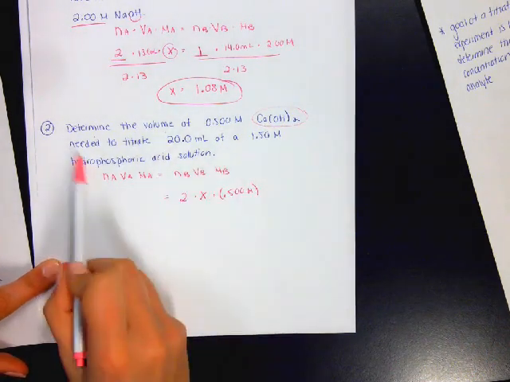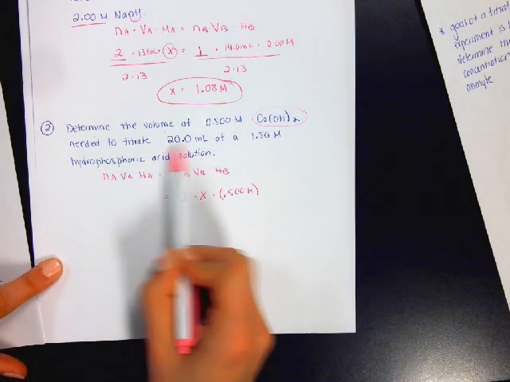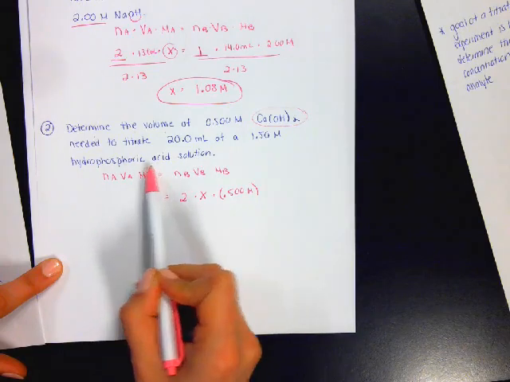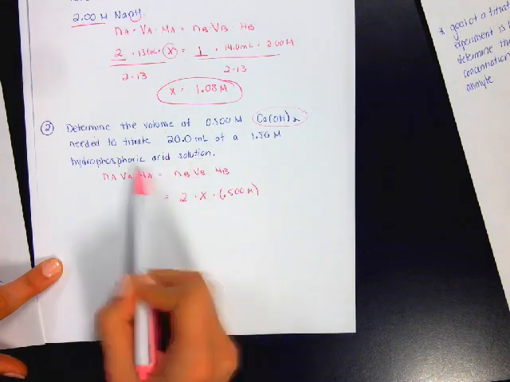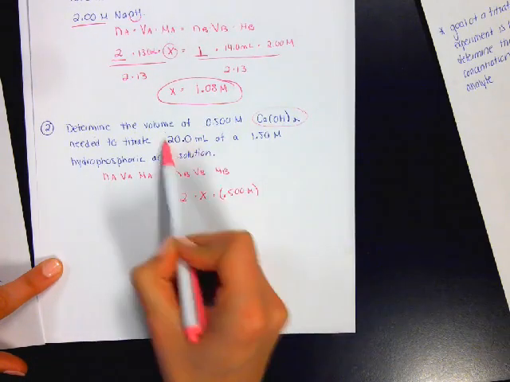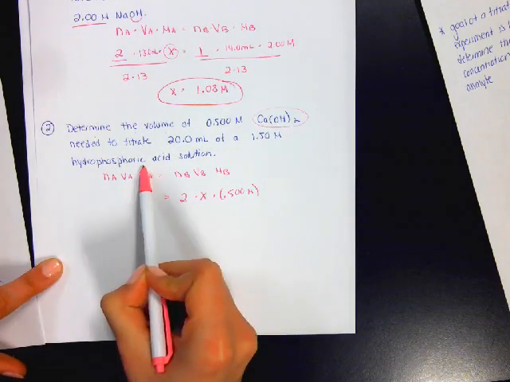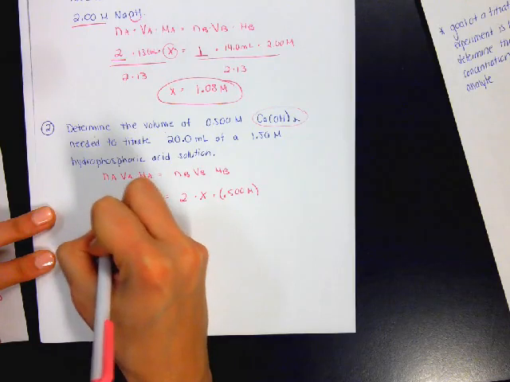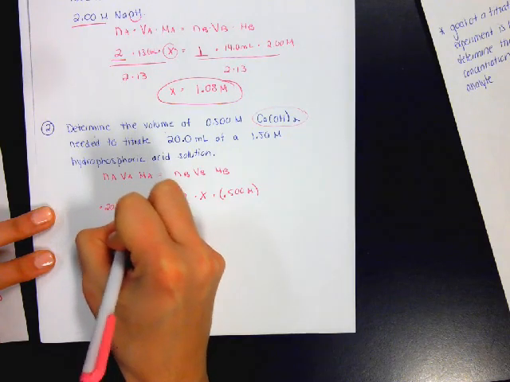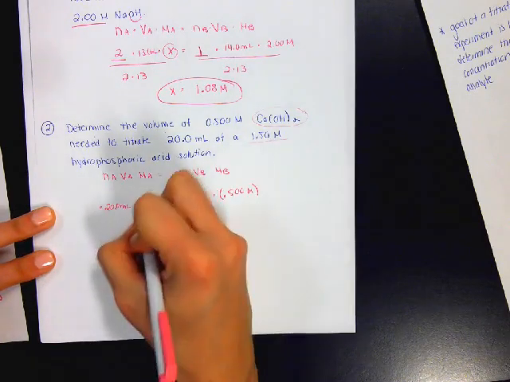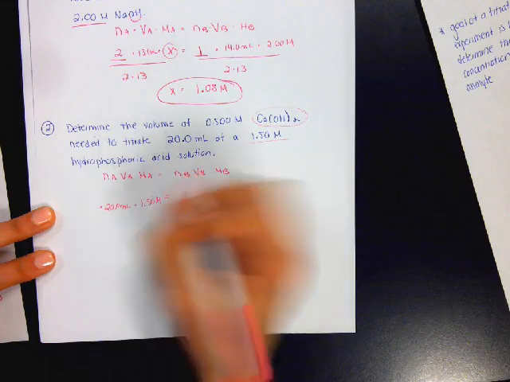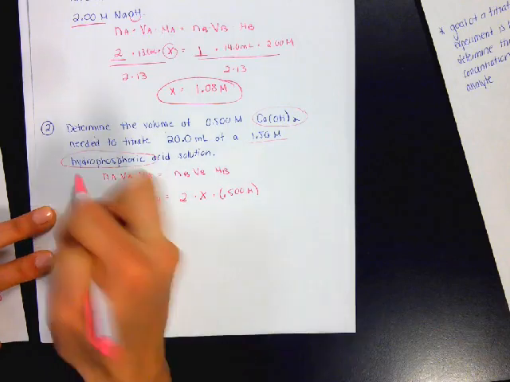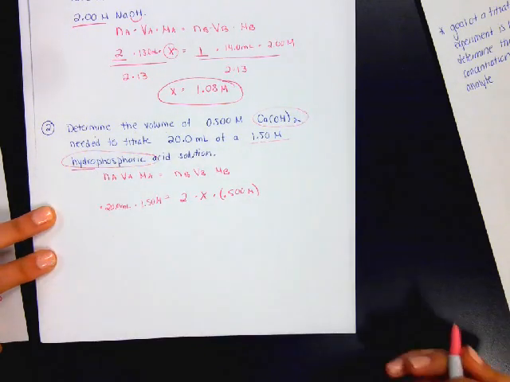Okay, needed to titrate 20 milliliters of a 1.50 molar hydrophosphoric acid solution. So all of this information right here goes along with hydrophosphoric acid. So it tells me that my volume is 20.0 milliliters, tells me that my concentration is 1.50 molar, and now I have to figure out what hydrophosphoric acid is. Because there's a hydro out in front, I know it's a binary acid.